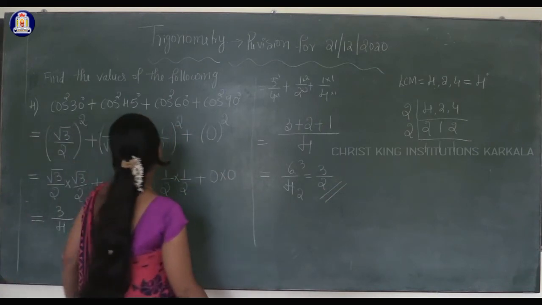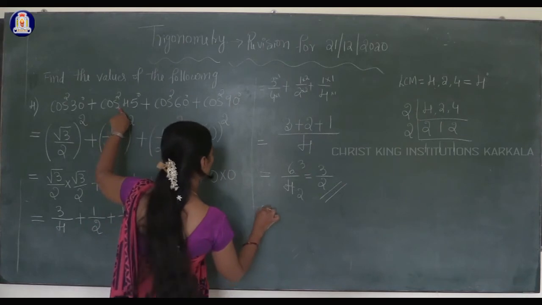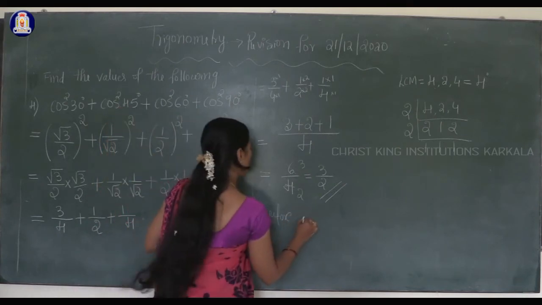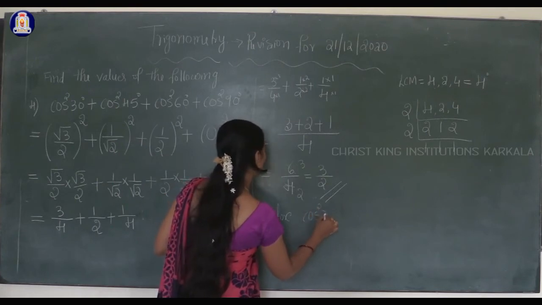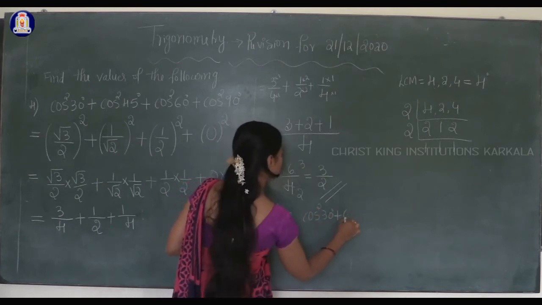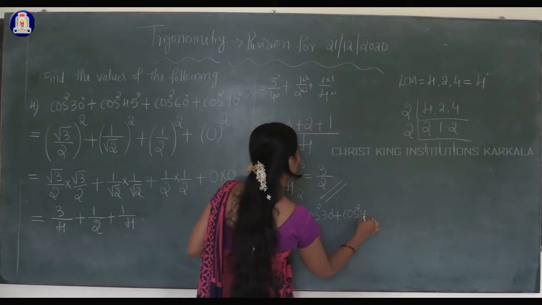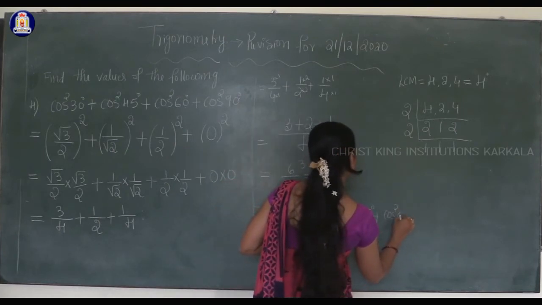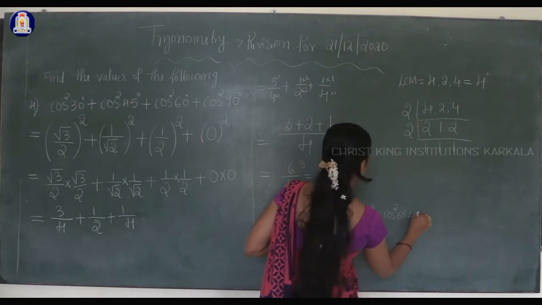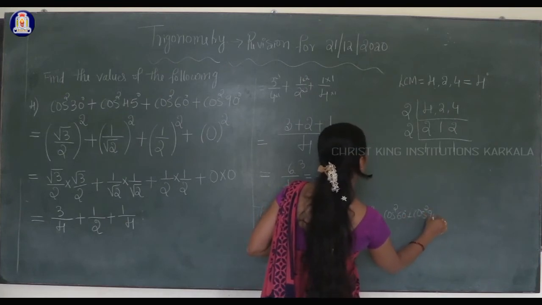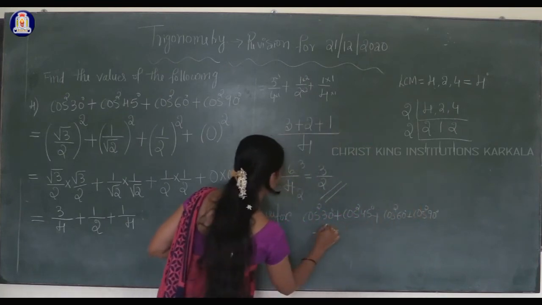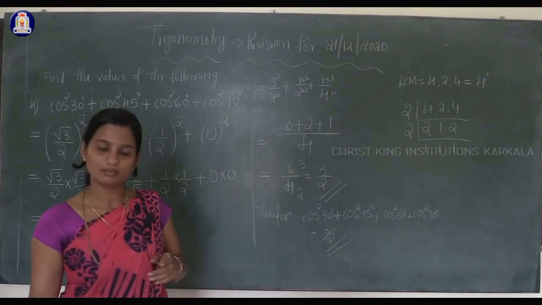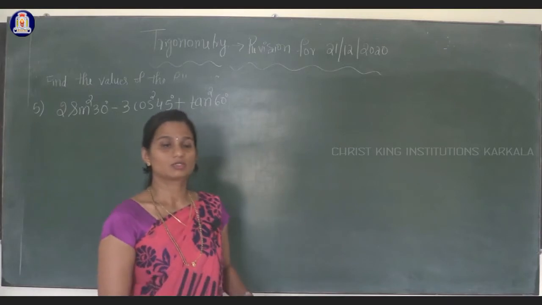So therefore, write the conclusion: cos square 30 degree plus cos square 45 degree plus cos square 60 degree plus cos square 90 degree is equal to 3 by 2. Clear? Yes. The next question.